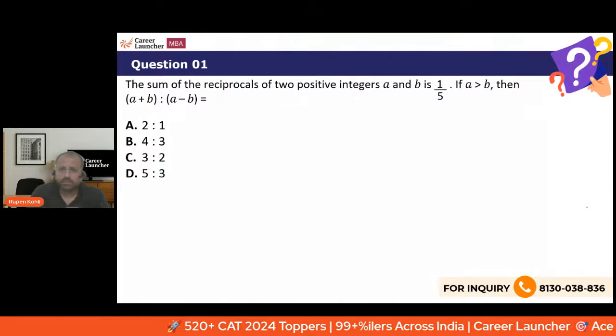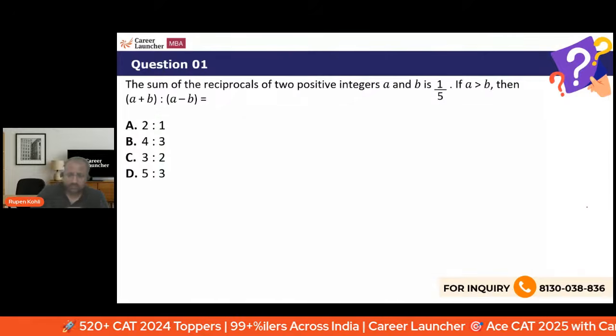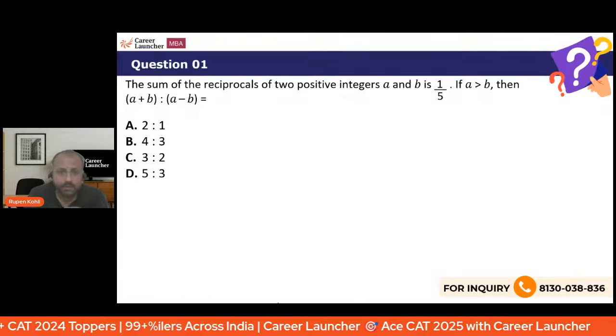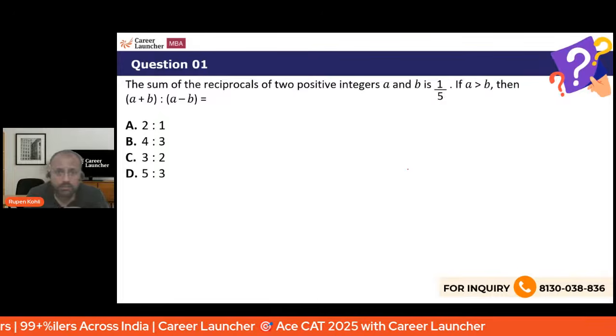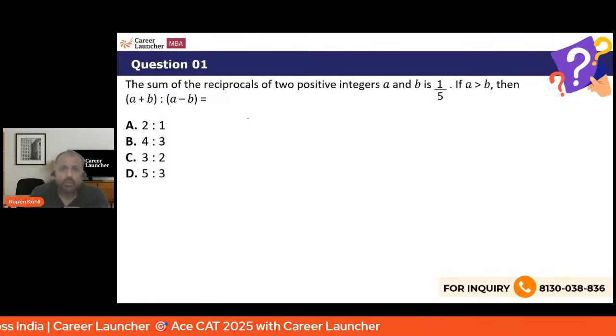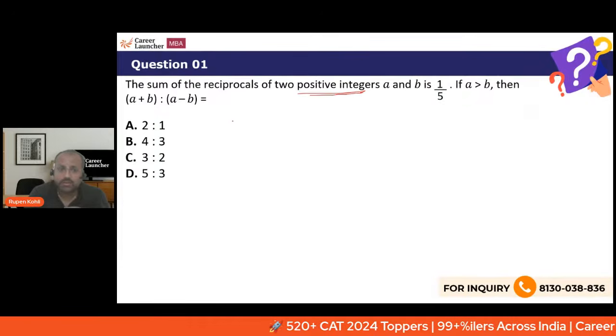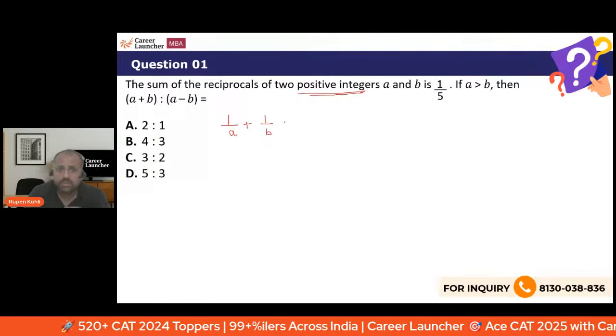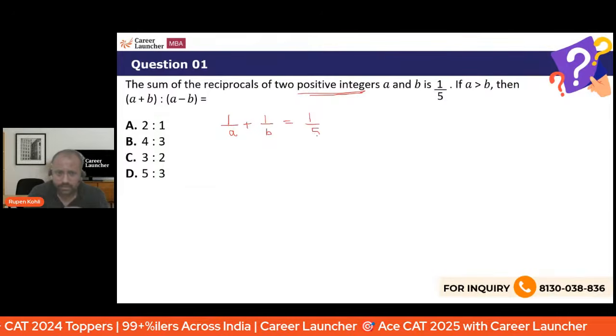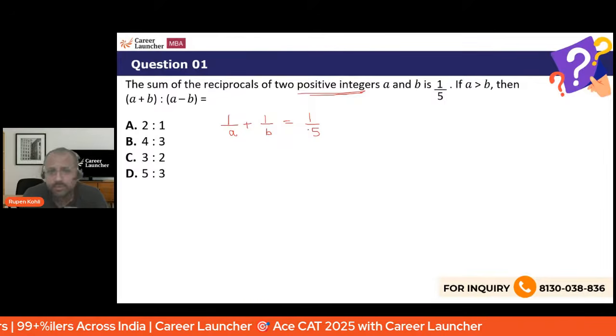So let's write the equation. The sum of reciprocals of two positive integers, the condition is mentioned clearly, a and b. So 1 over a plus 1 over b, the sum of reciprocals, is 1 over 5. That's the equation. We have to find a plus b to a minus b.